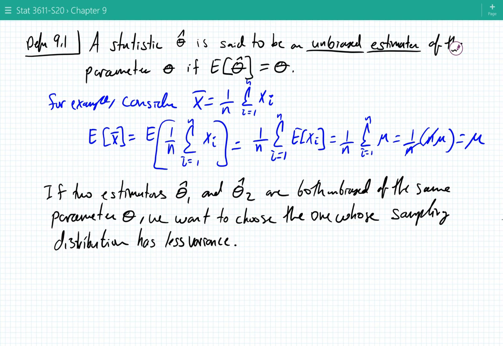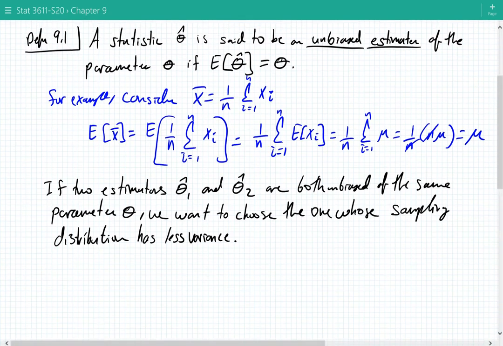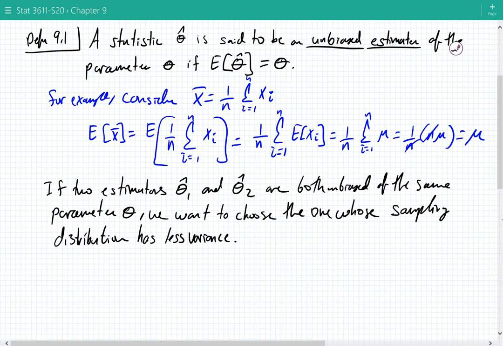So what you could do is think about getting repeated samples of X bar, take a multitude of samples and compute a multitude of X bars. And what this is saying is if you took the expected value of all of those X bars, kind of like a limit as n goes to infinity, the average of the averages, remember X bar is an average, the average of the averages would in fact be mu.